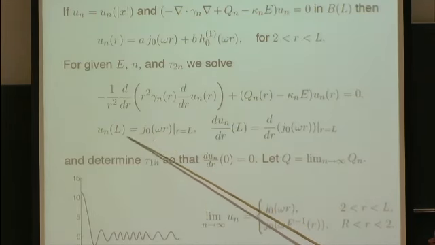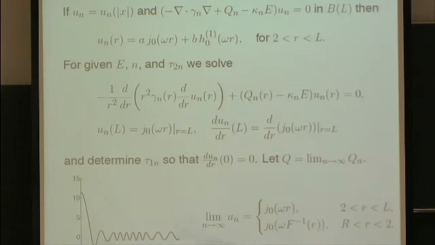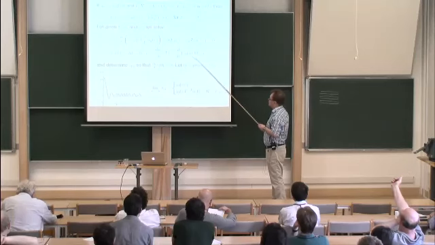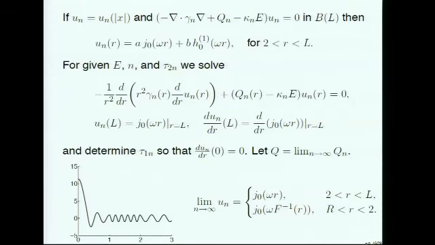I can assume that the Dirichlet data is the Dirichlet data of the Bessel function, and the Neumann data is the Neumann data of the Bessel function. Then I have an initial value problem for an ordinary differential equation. I solve it. Here I know that the solution must coincide with the Bessel function. Then I get to the invisibility layer.